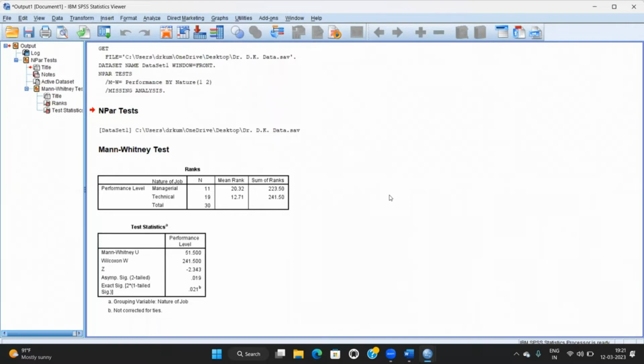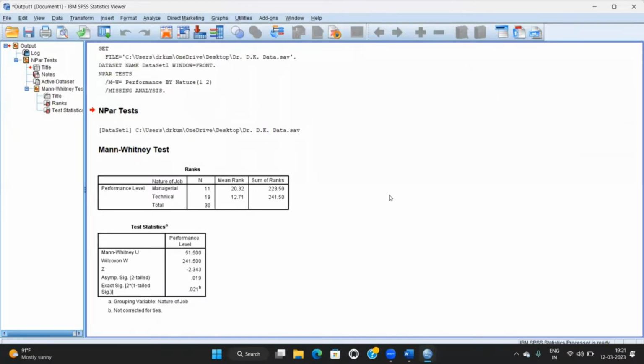But here we get frequency, mean rank, not mean. Earlier, in the independent samples t-test, we got mean and standard deviation. Here we are getting mean rank and sum of ranks.